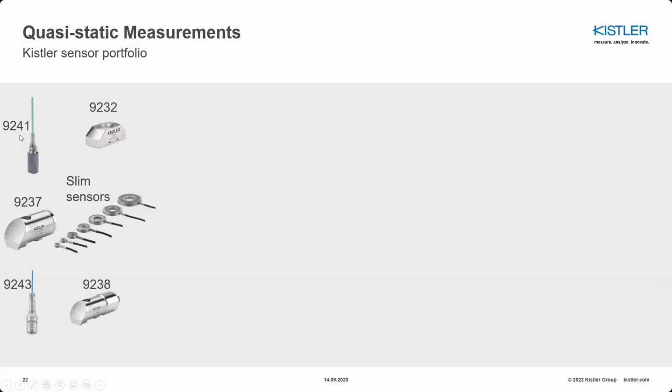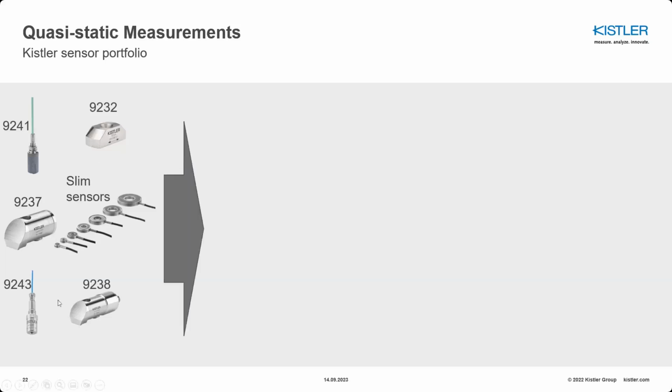These two sensors, 9241 and 9243, one is measuring in the transverse direction and one is measuring in the longitudinal direction, and they can be embedded or integrated in your tools and machines, right? And then we have our surface piezo strain sensors, these three, which are also easy to install in certain positions and places, and find the forces. So we are still measuring the forces, but in an indirect way.